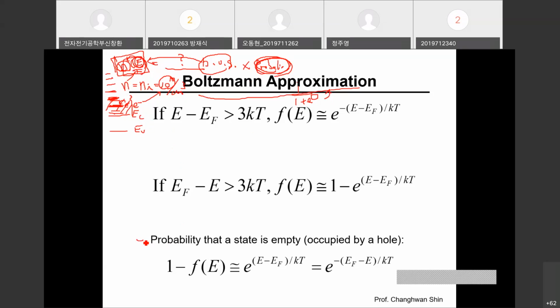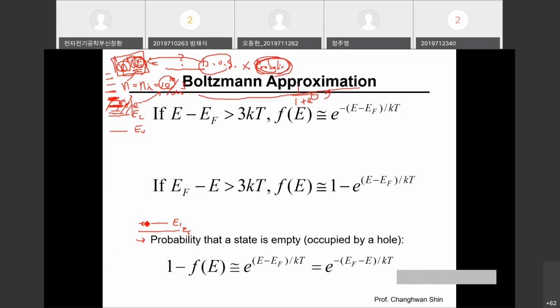So now here, one more piece of information that I want to say is the probability of finding a hole instead of an electron. The probability of finding a hole is quite easy. There is a certain energy state in the conduction band. Okay, there is a conduction band edge, and there is an energy E1.